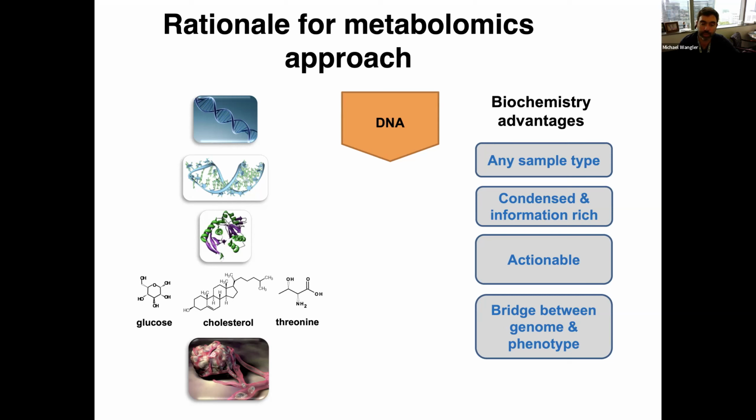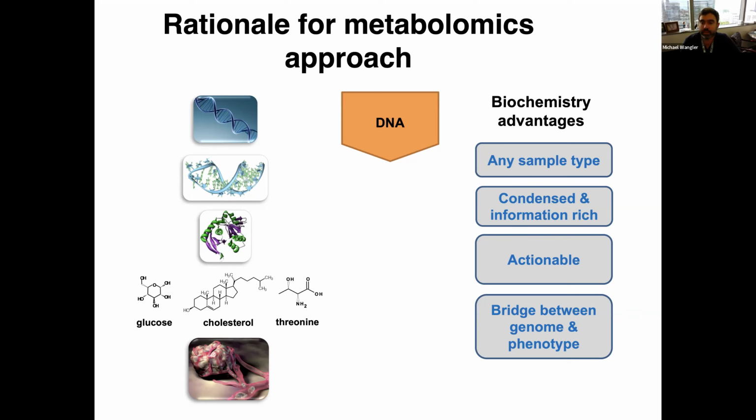A lot of our genome is geared towards making proteins that may be involved in biochemistry, and that biochemistry can feed forward and determine our phenotype. So we can see metabolomics as a bridge between a person's genome and their phenotype.